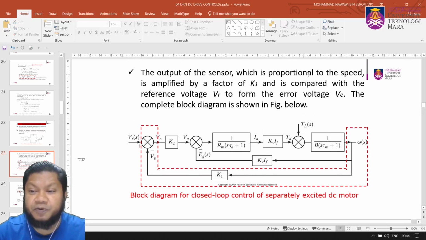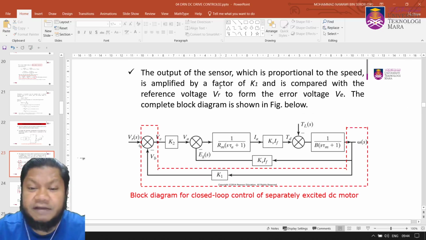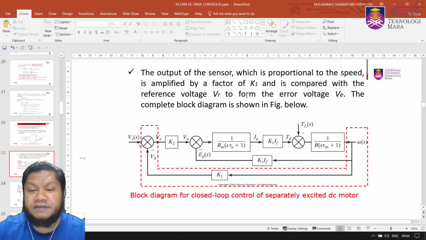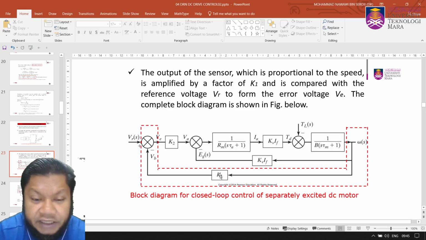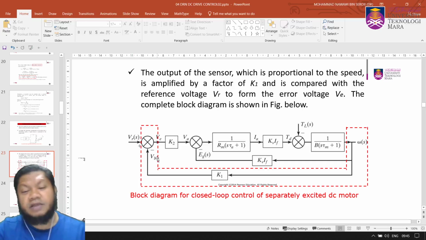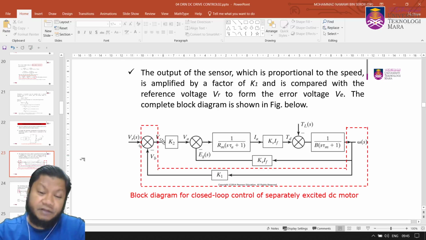The output sensor, which is proportional to the speed, is amplified by a factor of K1 and is compared with the reference voltage VR to form the error voltage VE. So you convert that omega S by means of the factor K1 here, and that changes to VB. Therefore you have this reference voltage here, plus minus, and the error result from this comparison will drive the converter in terms of alpha, or duty ratio.